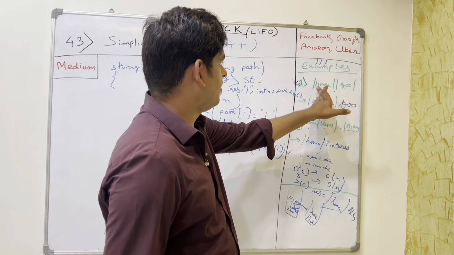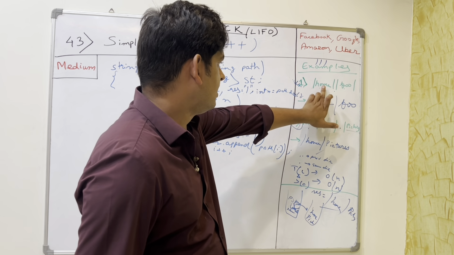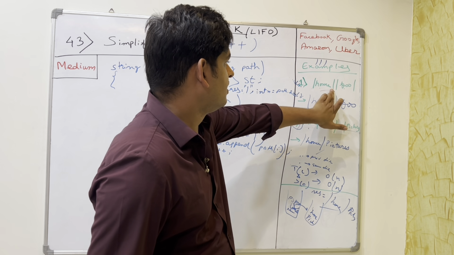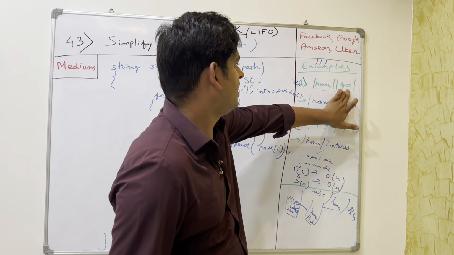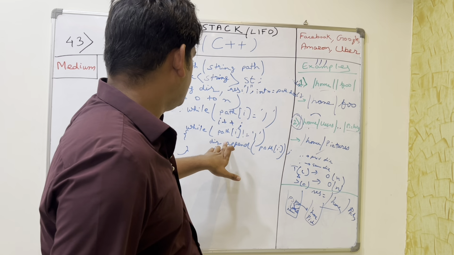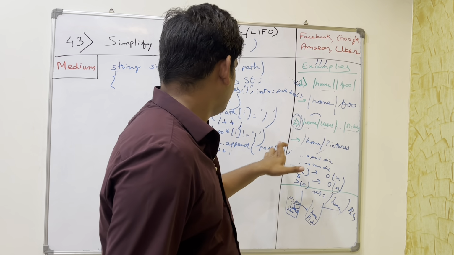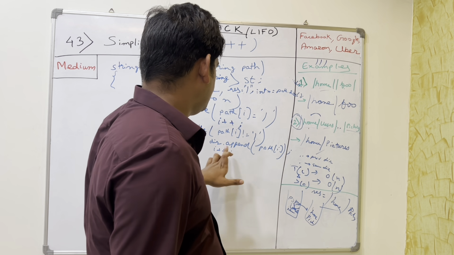Say if this is the one, firstly we will ignore this slash, and then suppose here, when we are in this path, we get 2 slash, so we'll ignore this, and then we get foo. So this foo will be added to the directory, and then when we get this slash again, we'll ignore it, right?